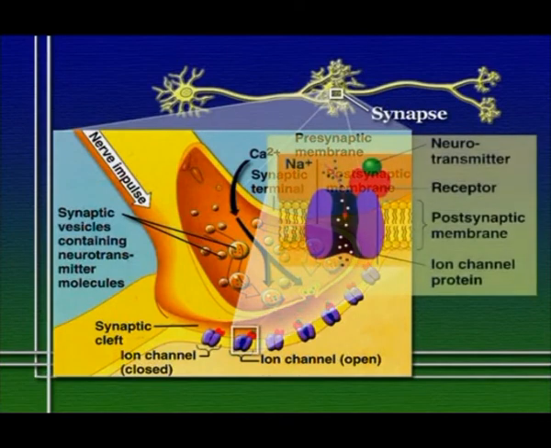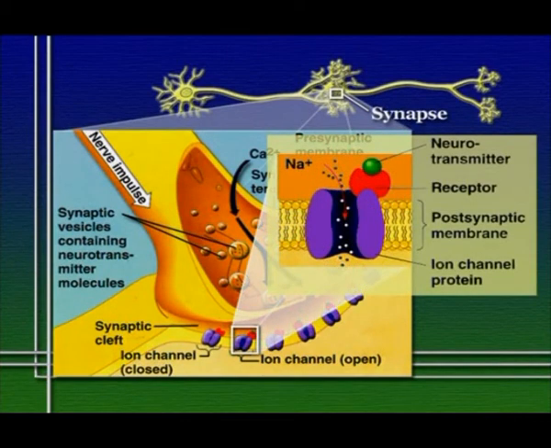When the neurotransmitter binds on the postsynaptic side, this triggers, through a variety of mechanisms, ligand-gated channels to open, and those ligand-gated channels then allow sodium or other positive ions to rush into the postsynaptic cell, depolarizing that cell. If a sufficient amount of depolarization rushes into the postsynaptic cell, it itself will fire an action potential.